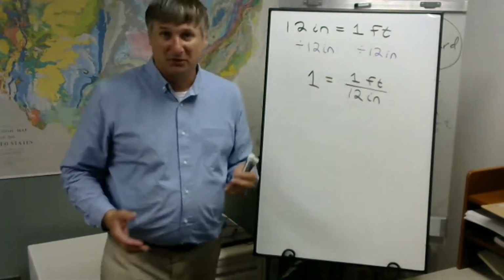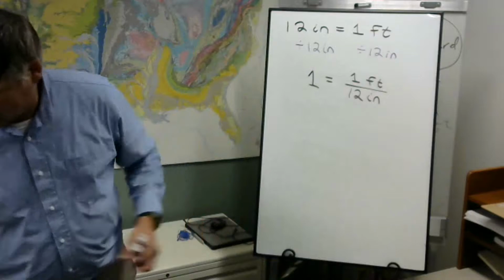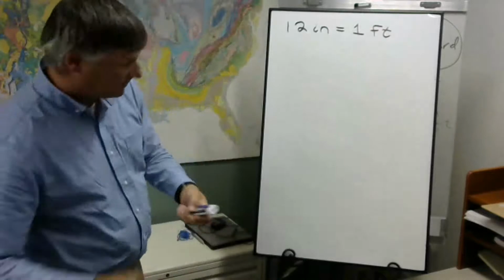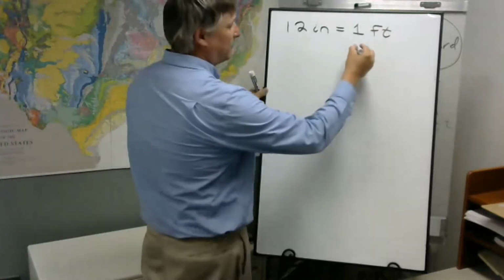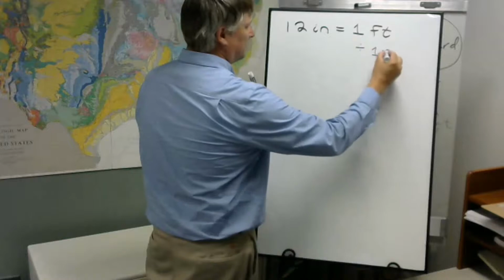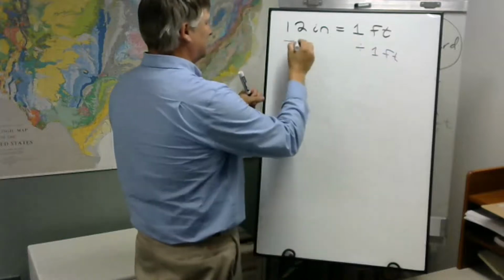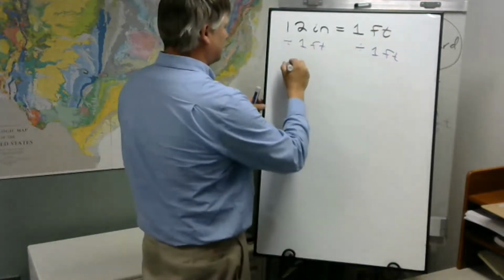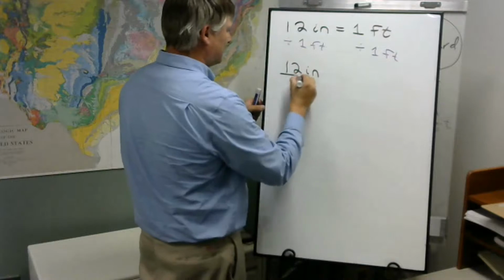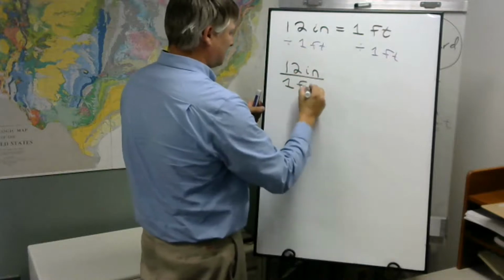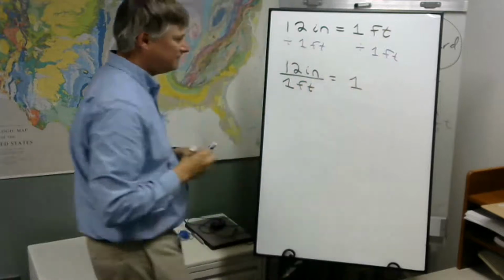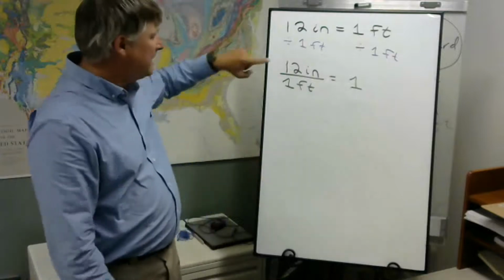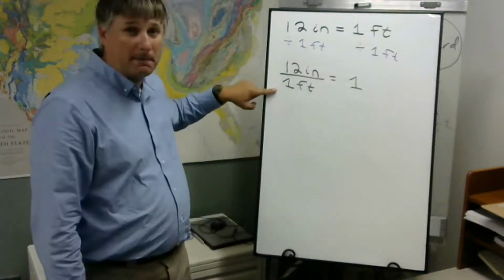Now let's say we did something different. Let's divide each side by 1 foot. So we get the same kind of result, except this time the inches are on top and the feet are on the bottom.